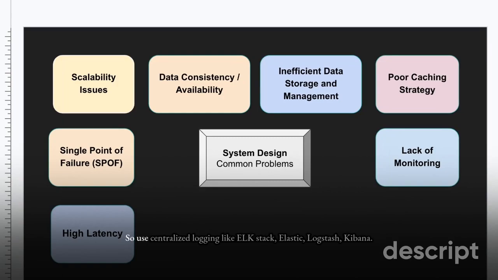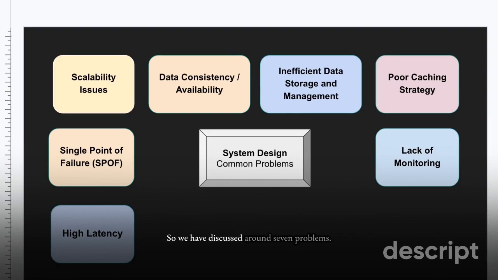So use centralized logging like the ELK stack: Elastic, Logstash, Kibana. Set up real-time monitoring like Prometheus, Grafana. Implement tracing for distributed systems. There are a number of solutions available for this, like OpenTelemetry.